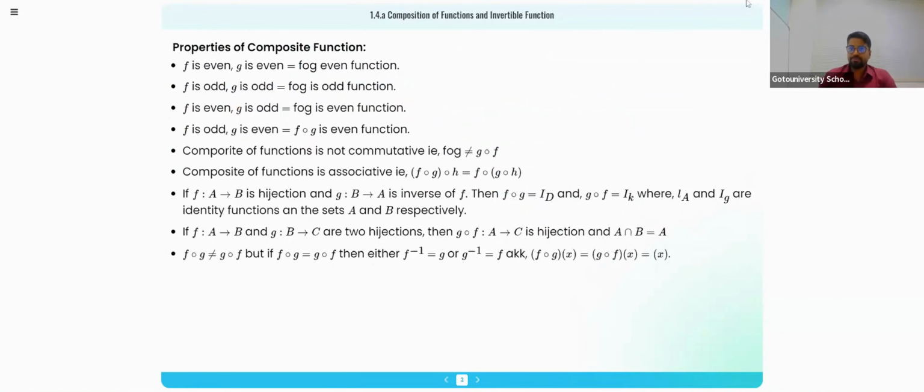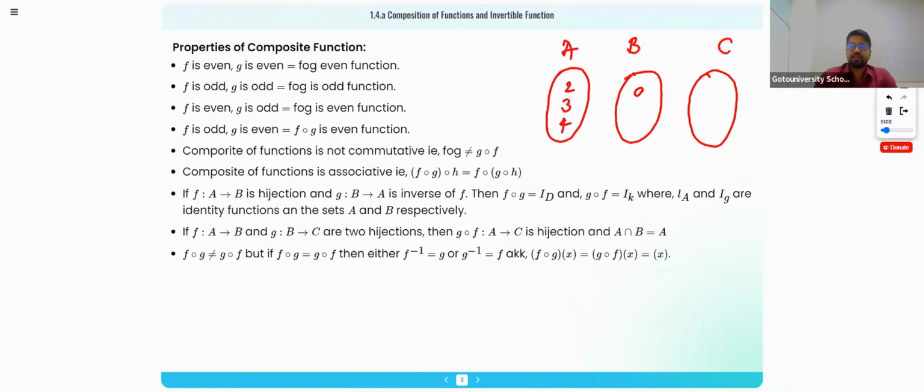So for composite functions, at least we need to have 3 sets: A, B, C. And then maybe I'll have some symbols.